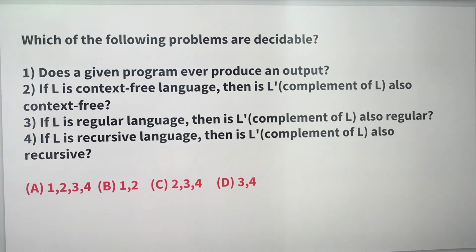Which of the following problems are decidable? One: does a given program ever produce an output? Two: if L is a context-free language, then L complement is also context-free. Three: if L is a regular language, then L complement is also regular. Four: if L is a recursive language, then L complement is also recursive. It is a nice problem. Can you give the answer for this?